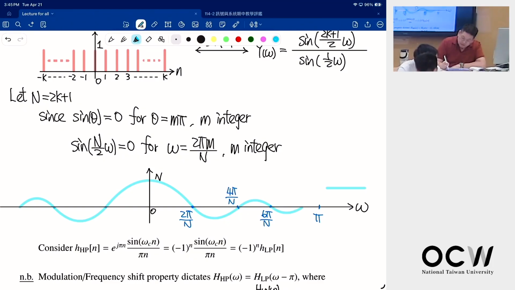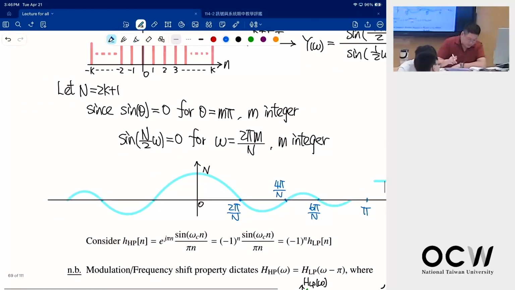Okay. Similarly here it's minus 2 pi over n. Here will be minus 4 pi over n until you get minus pi, and then you repeat, because remember it is always periodic.